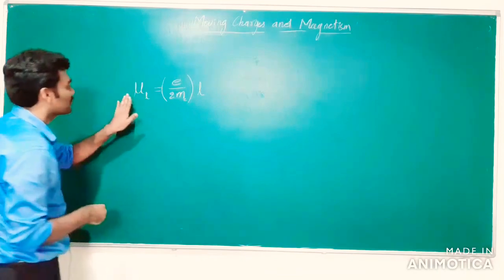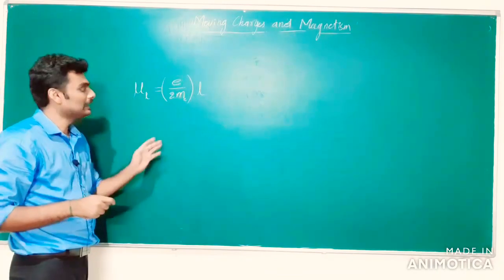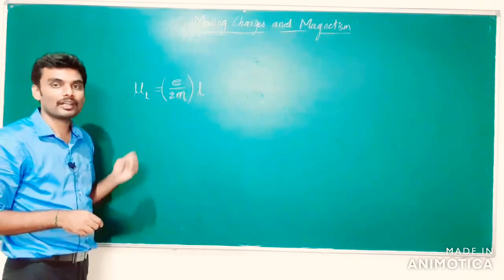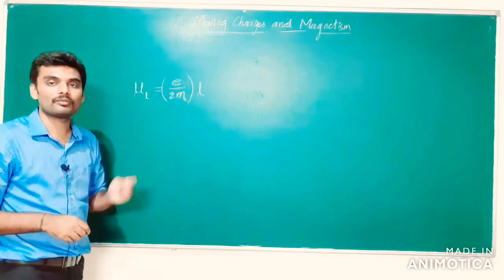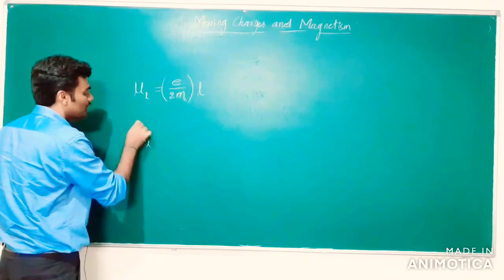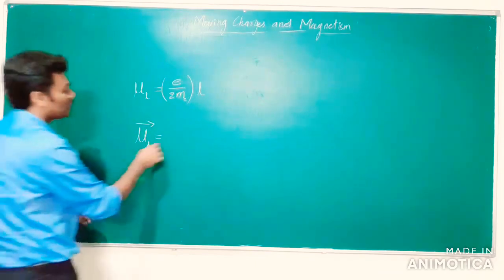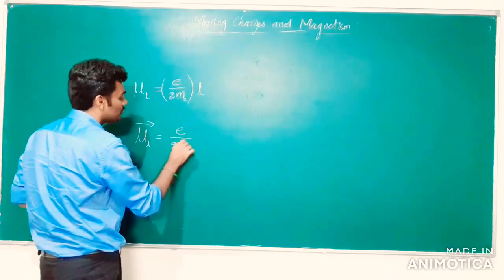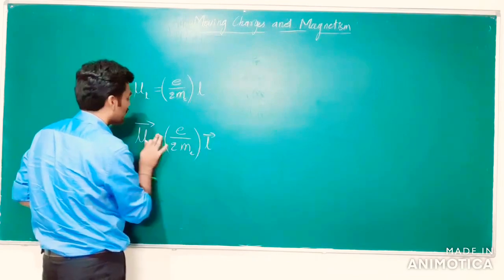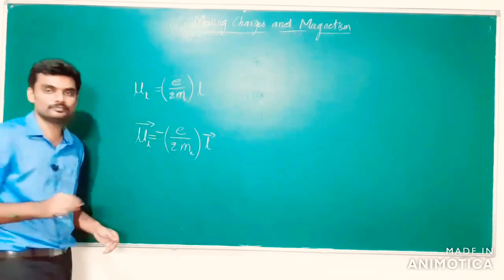So when I express the same expression of magnetic dipole moment in terms of angular momentum, I need to introduce a negative sign when I express it in vector form. So expressing the same expression vectorially, I should now write vector magnetic dipole moment is equal to minus e by 2m_e, everything remains the same, into vector L, but this time I need to introduce a negative sign.